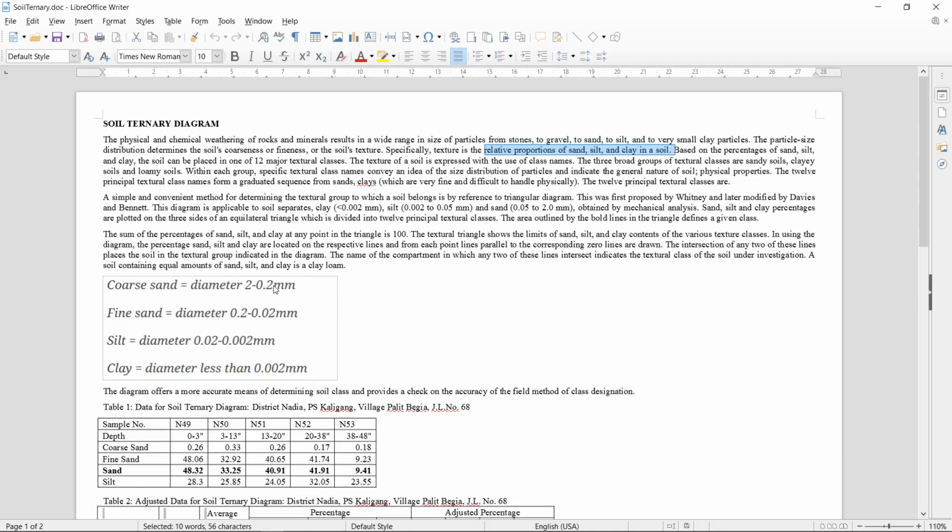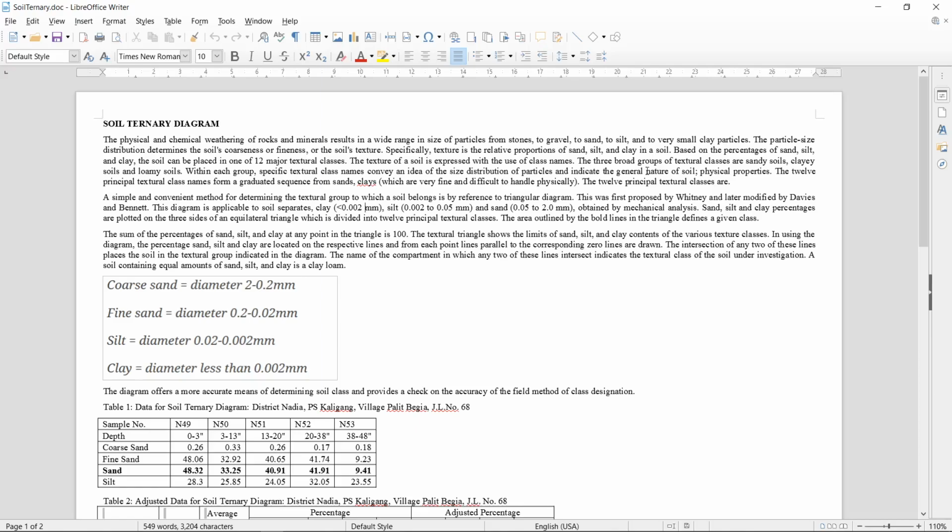So sand is the coarsest and clay is the finest, and the relative proportion of these three in a soil determines the texture of the soil in general. Based on that, 12 textural classes have been defined. They range from sandy soil, clay soil, loamy soil, sandy loam, sandy clay.